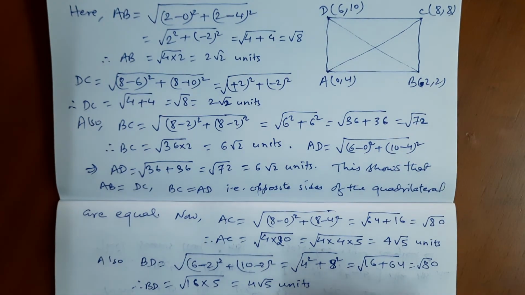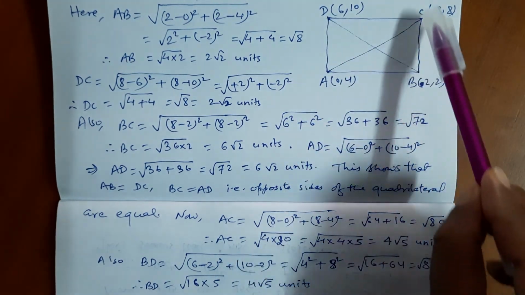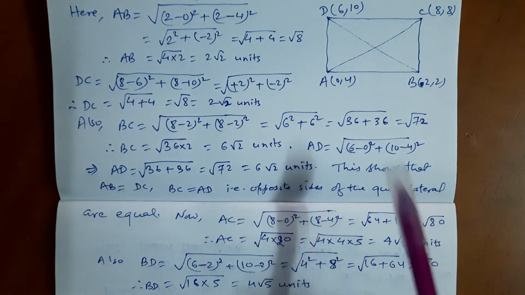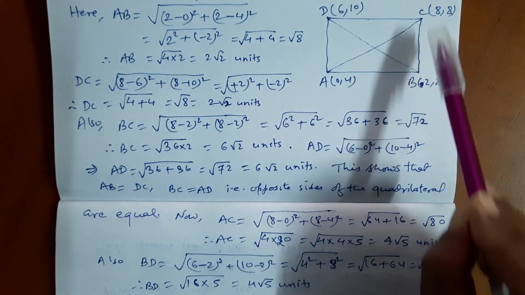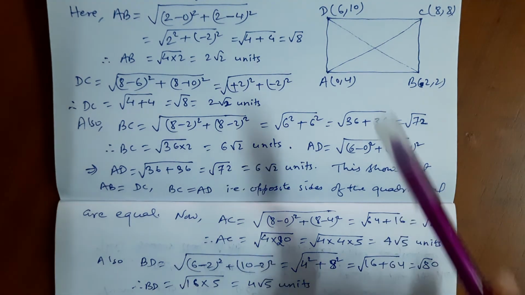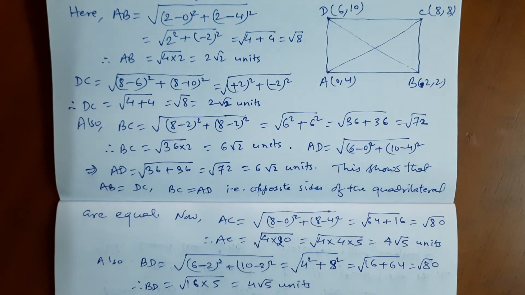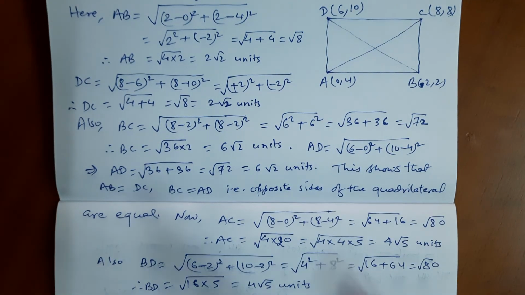So first we have shown AB equal to DC and BC equal to AD, and after showing this, it became a parallelogram. Okay, and in this parallelogram we have shown diagonal AC equals diagonal BD, and after showing the diagonals equal, this parallelogram became a rectangle. Okay, and in this way we can prove a rectangle.